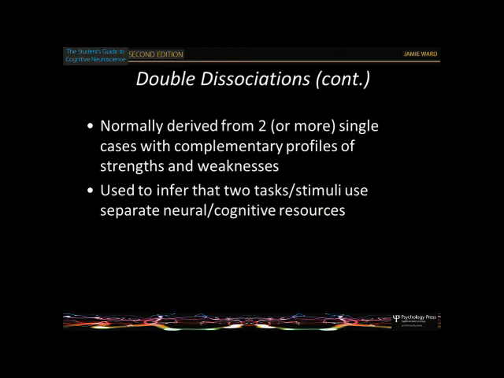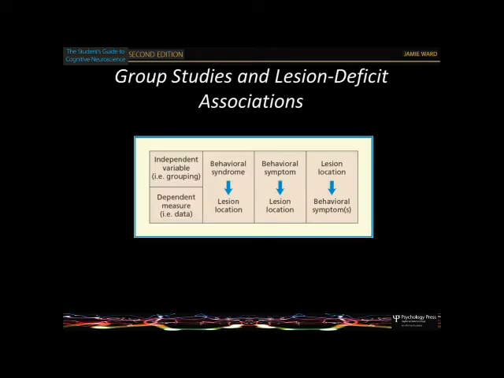So we use these double dissociations to infer that two tasks use separate neural resources. But the other way of doing that is to group patients together to figure out where in the brain something belongs. So potentially you could take a group of patients who have deficits in consonants, and those with vowels, and put them together. The problem is that if the brain damage is like this, then you're not necessarily going to separate them out in the same way.